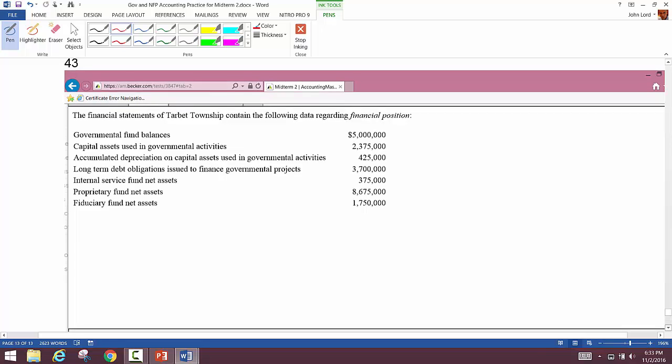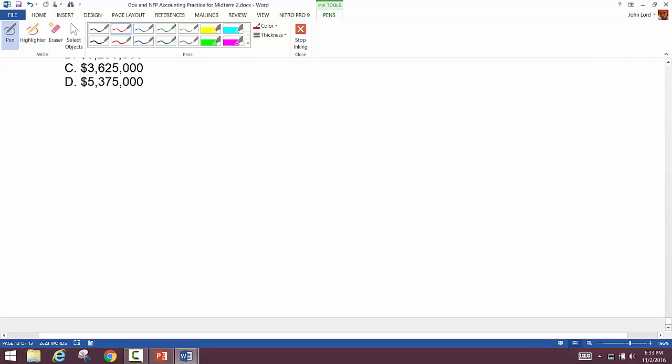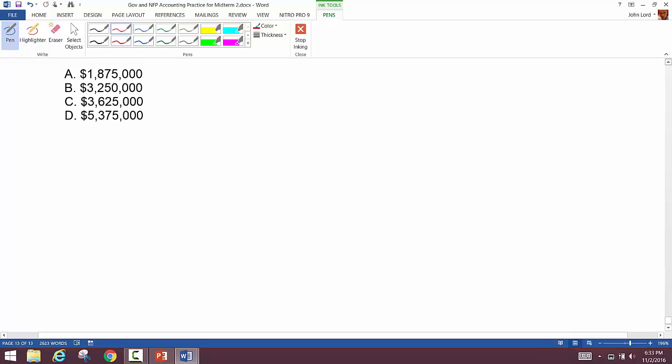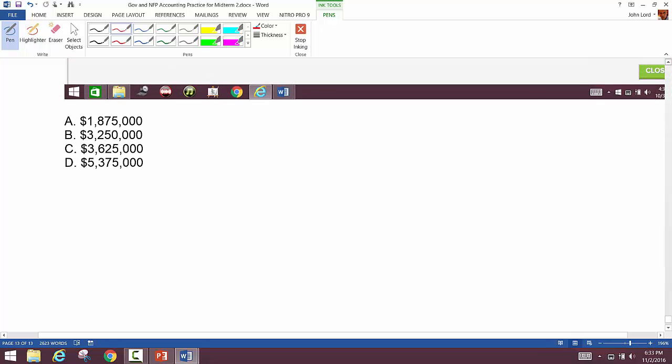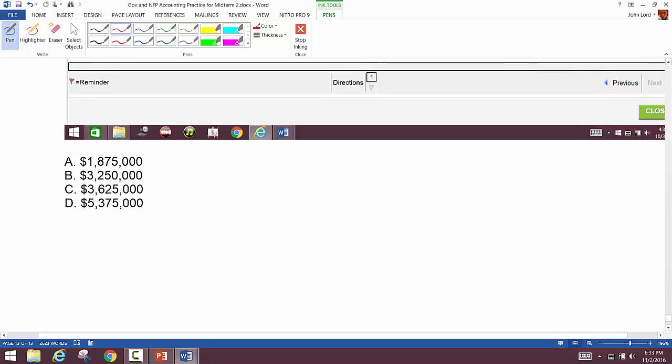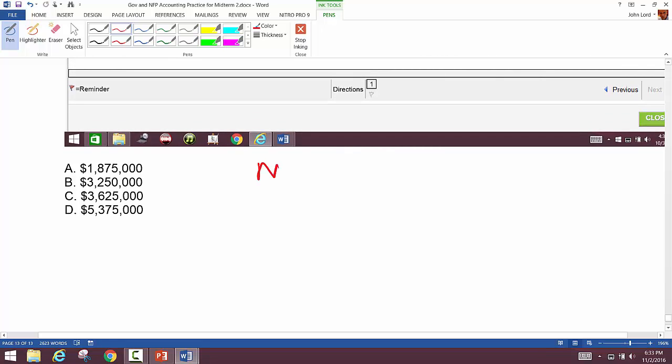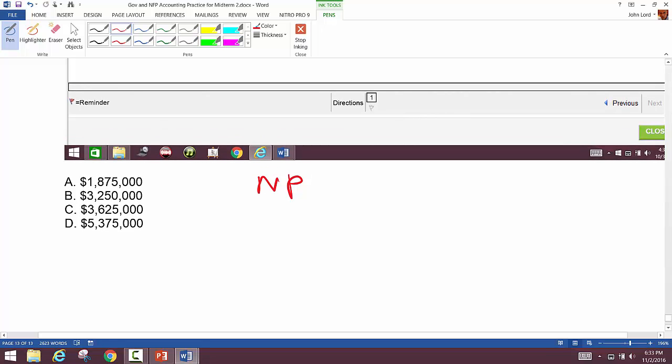It's just a very passive question. There it is right there. It gives me the choices though, right? So my choices are net position. I'm trying to come up with net position. In other words, keep doing something till you get one of those answers.